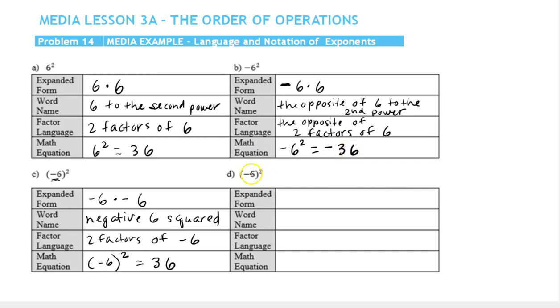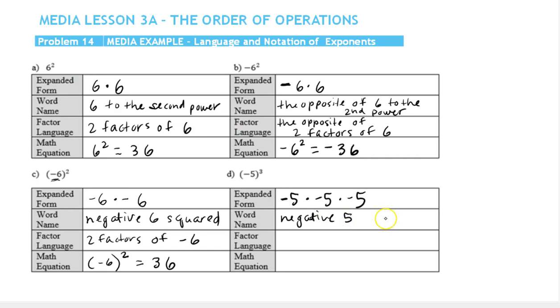Now let's look at one with an exponent of 3. So this is 3 factors of negative 5. Notice the negative 5 is in parentheses, so we have negative 5 times negative 5 times negative 5. Our word name would be negative 5.